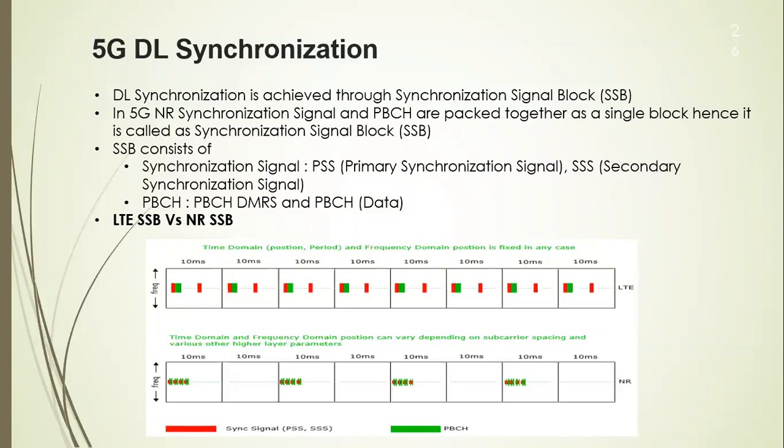In case of LTE, we know there will be demodulating reference signals when we are using MIMO technology. But in case of 5G, this DMRS is even present when we are sending the system information as well in the downlink direction. That I will explain to you in the further slides.